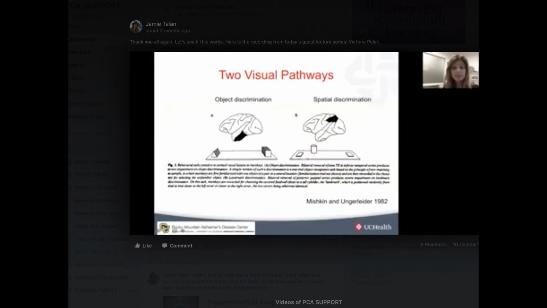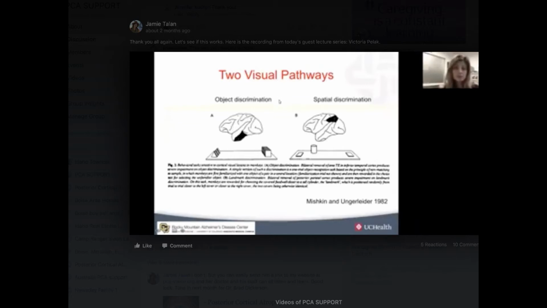I had the pleasure and the ability to work with them in the late 80s, and they're really an incredible duo that really brought us to an understanding of these visual pathways that really helps inform everything that we do and probably informs how your physicians are speaking to you about your vision in the back part of the brain.